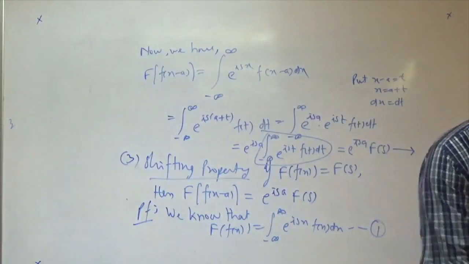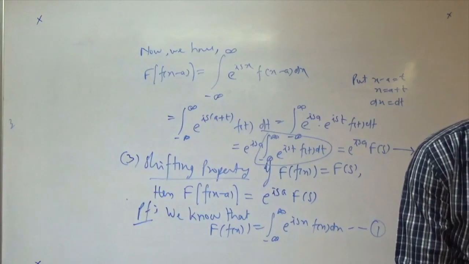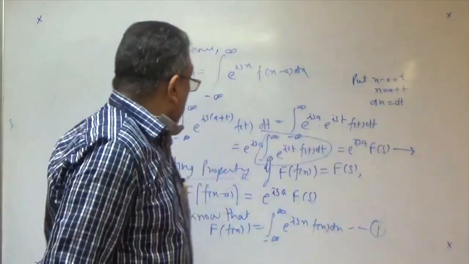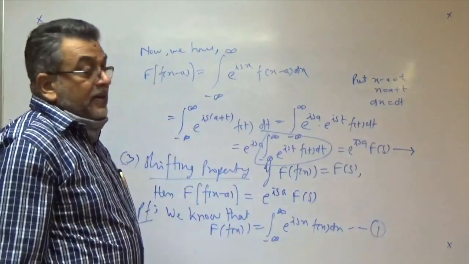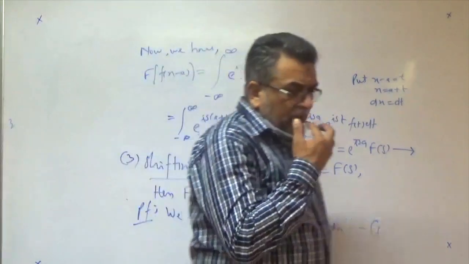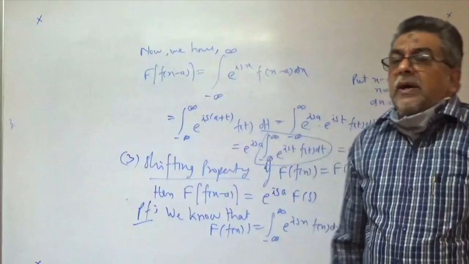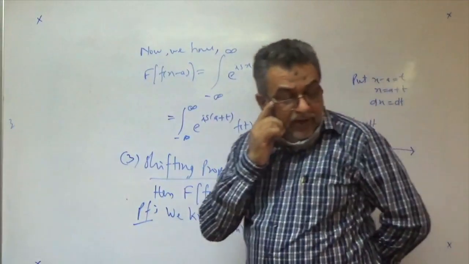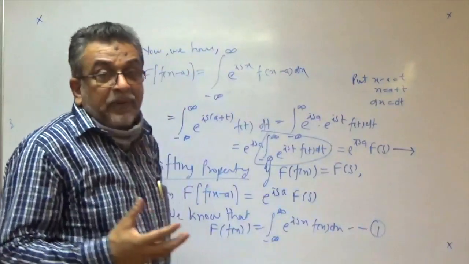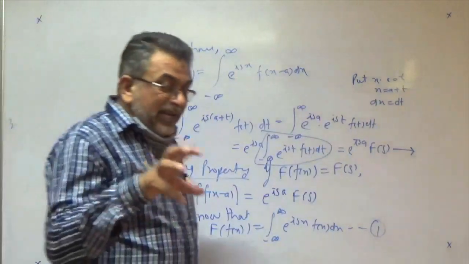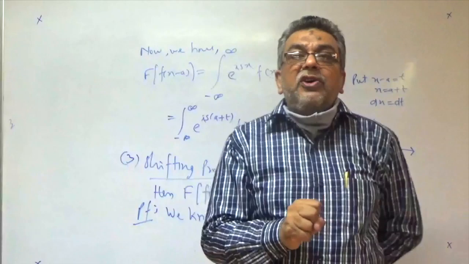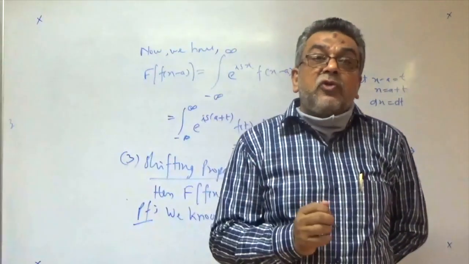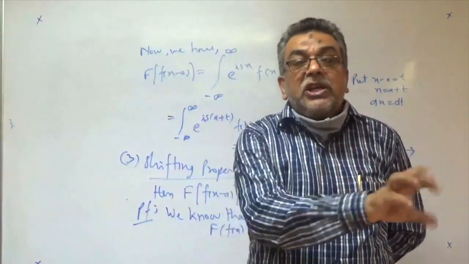This was the third property, the shifting property. These are some of the properties, and the last property is also known as the modulation property. If we take a parameter and insert some trigonometrical function in place of it, then you can directly obtain the Fourier transform if the Fourier transform of the actual function is given.